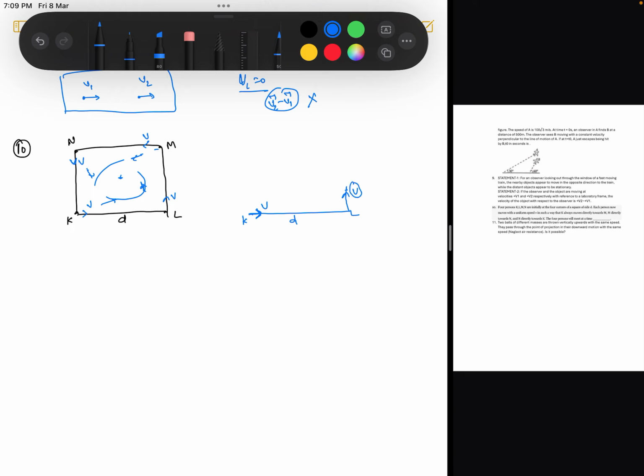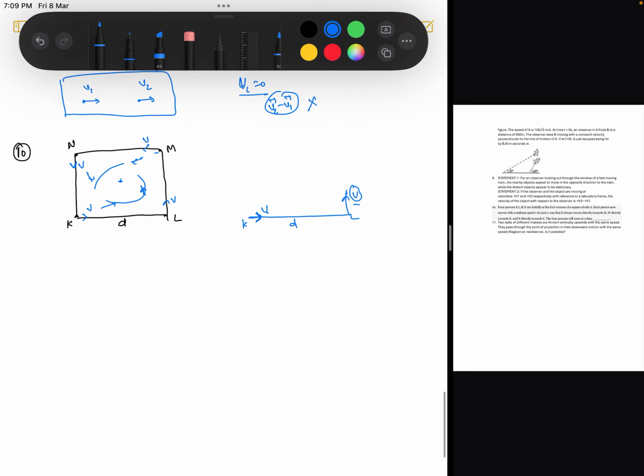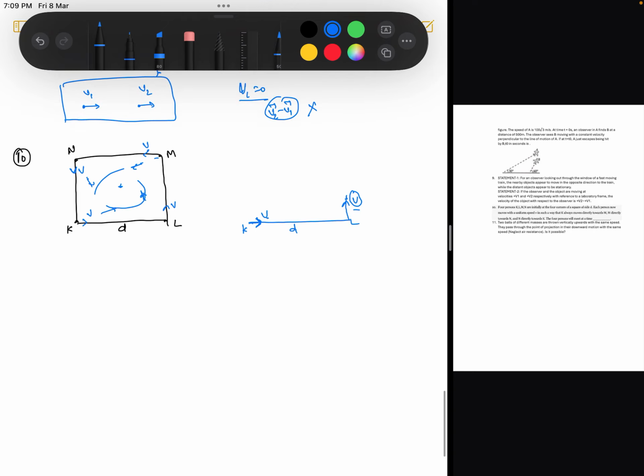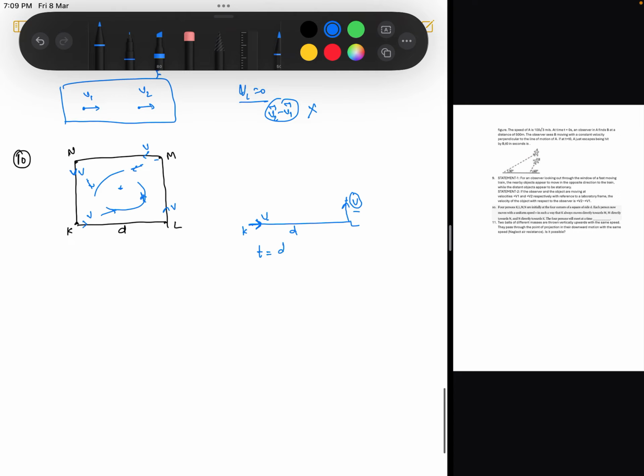This velocity will always take particle L away from it, so we cannot take this. So this velocity will always be responsible in this direction to meet the particle. What will be the time required here? That will be equal to D divided by V. This is the only time that will be required for all the particles to meet.